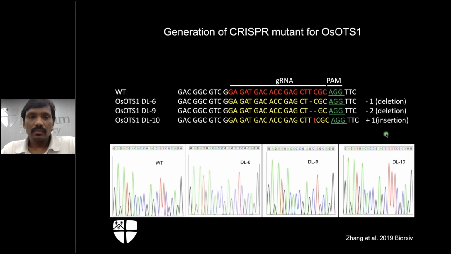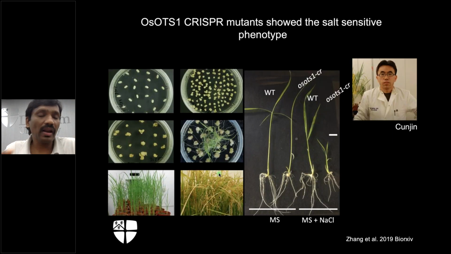And we have generated CRISPR lines as well, and we found some deletion and insertion for the OTS gene. It has all been done by Sunjin, who does all the transformation for rice and other crops, and runs the transformation facility in Durham.